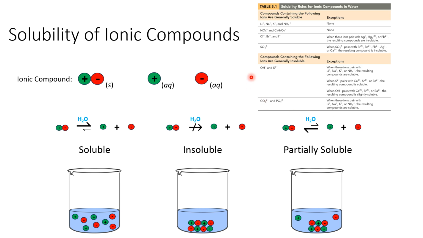So what this objective really focuses on is that this insoluble concept is actually an oversimplification. It's not like ionic compounds don't dissolve at all. Really, this doesn't even exist. It's not like something's completely insoluble.